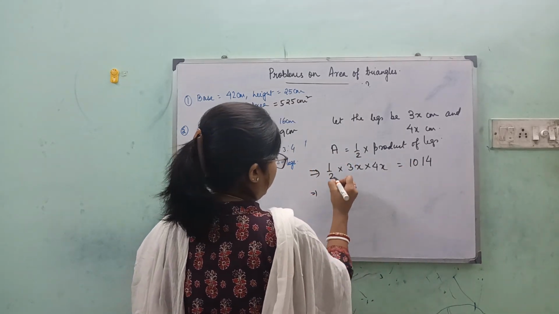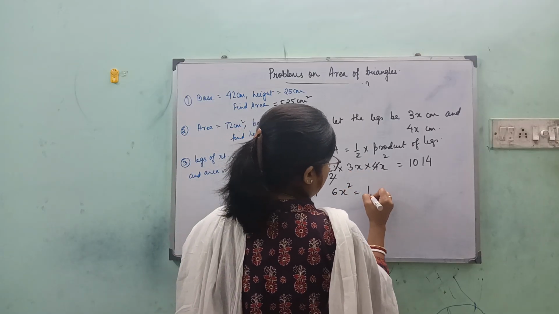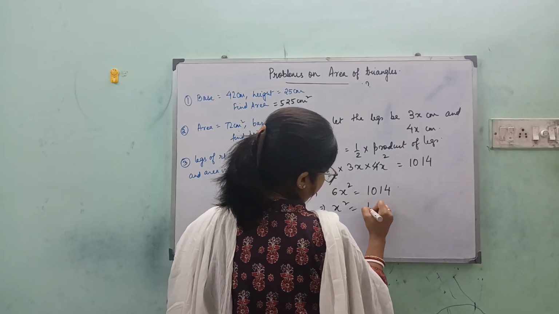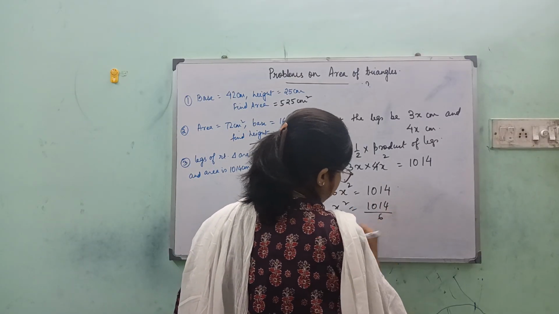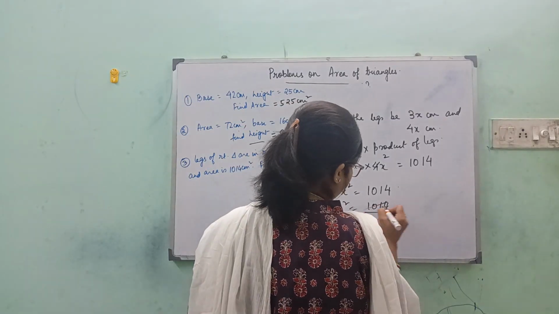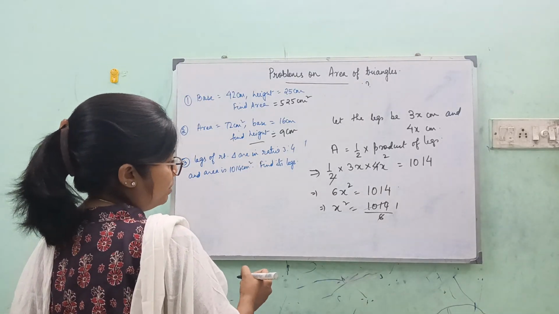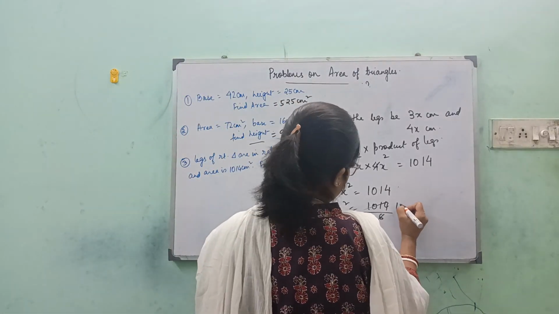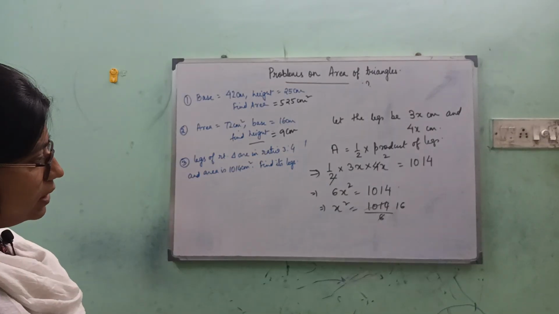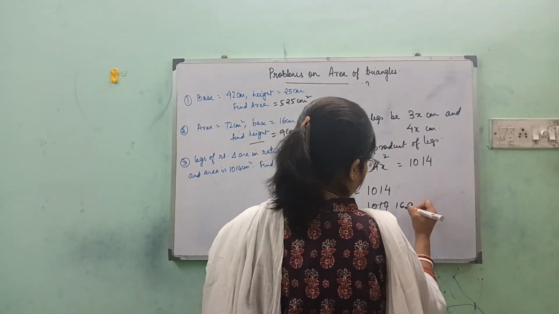If I cancel, this is 2, 3 2s are 6. 6x square is equal to 1014. So x square will be 1014 by 6. So 1014 by 6 is, 6 1s are 6, 41, 6 3s are 18, 54.